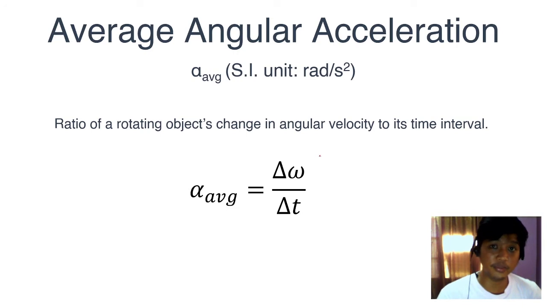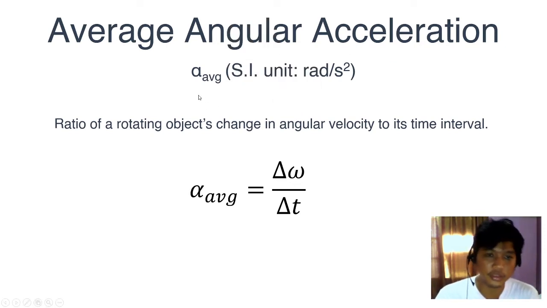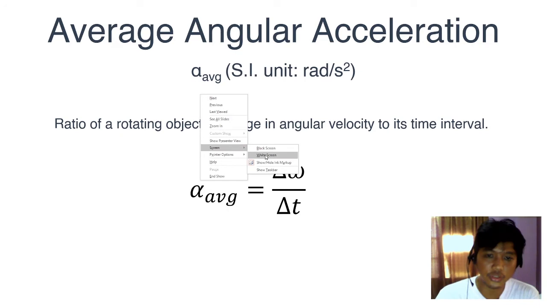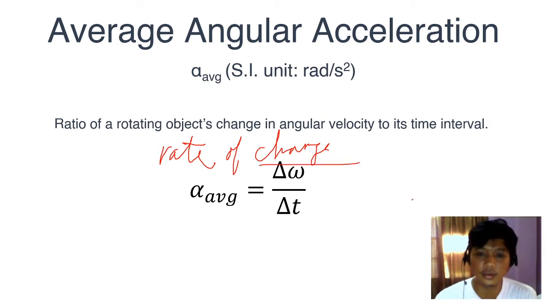If you've seen my previous video, we talked about rate of change. And in this case, for angular acceleration, what rate of change are we talking about? We're still talking about the rate of change, and in this case, we are interested in the change in angular velocity.